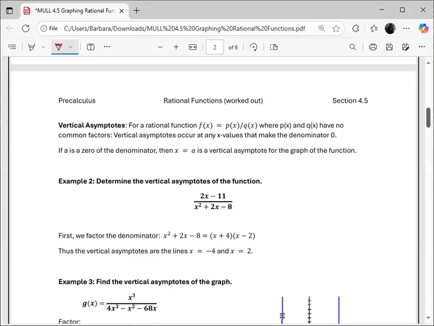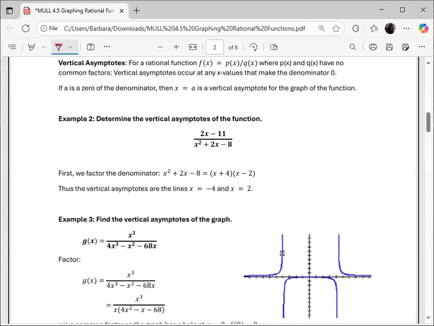So for example 2, determine the vertical asymptotes of the function. If we factor the denominator, we'll have x plus 4 times x minus 2. So x equals -4 and x equals 2 would be my vertical asymptotes.